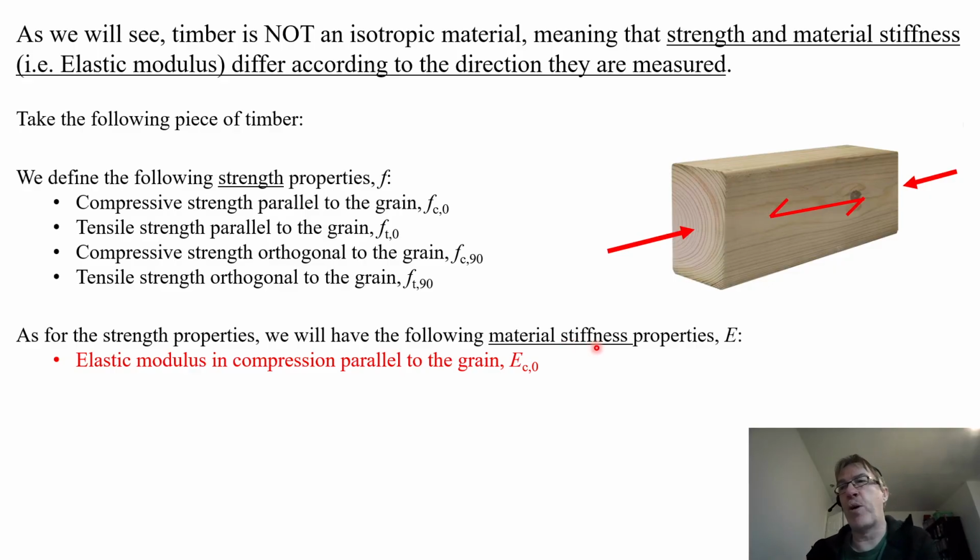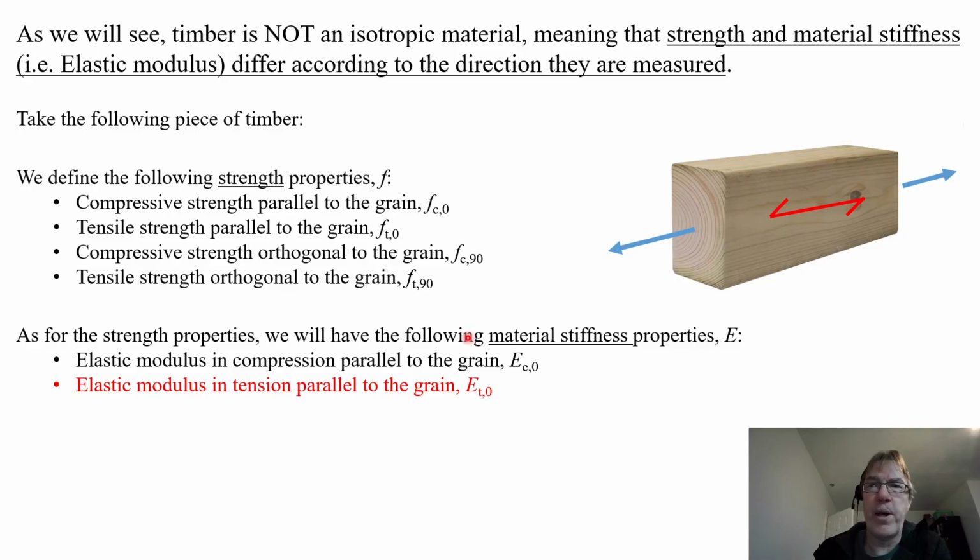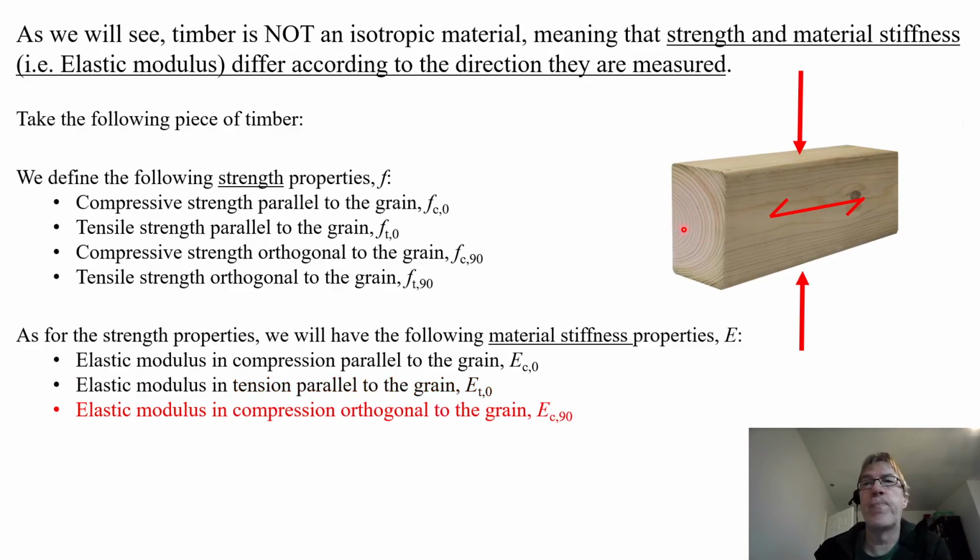Okay, with that said, as for the strength properties, we will have the following material stiffness. It's the stiffness properties, which is the MOE, or modulus of elasticity, or Young's modulus. Elastic modulus in compression parallel to grain, Ec,0. We can get that from this test that we'll be doing. Then we've got the tensile modulus with the grain.